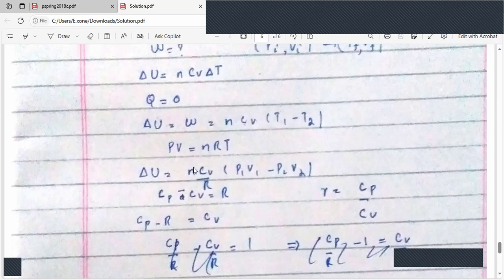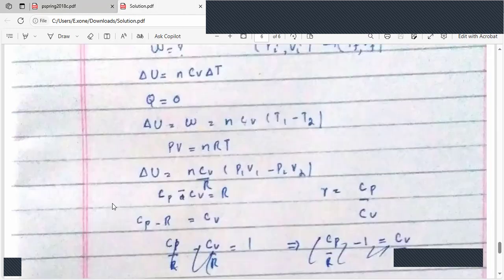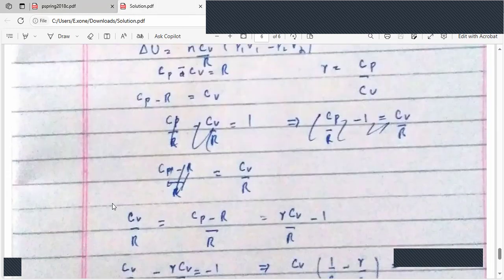So in order to further simplify this, we use the expression Cp minus Cv is equal to R, where R is the ideal gas constant, and gamma is equal to Cp over Cv, because we have to find the answer in terms of gamma.